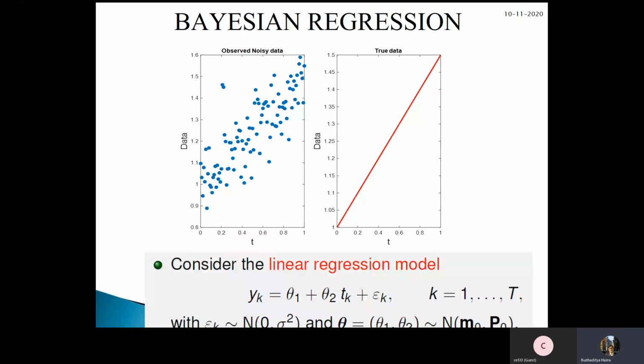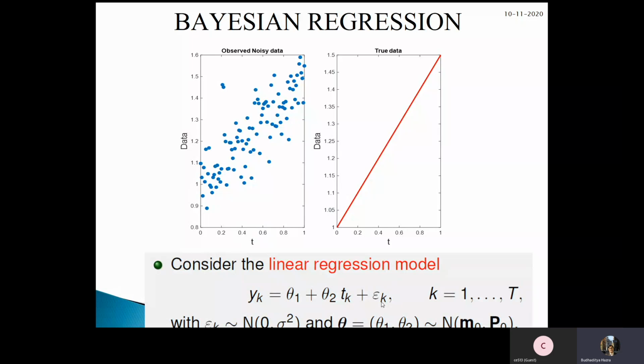As you can see here, any linear regression model in its most general form can be written as yk is equal to theta 1 plus theta 2 tk plus epsilon k. The reason I'm showing this equation, hopping a couple of slides, is that the regression is not exact. We never said that we made the errors zero. The errors are always present. Now, what is the most important characteristic of the error?